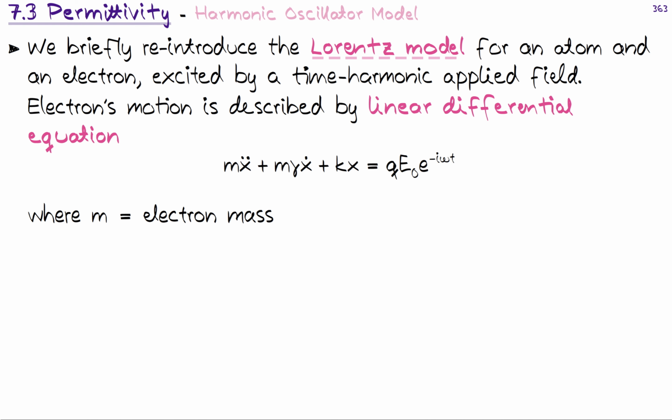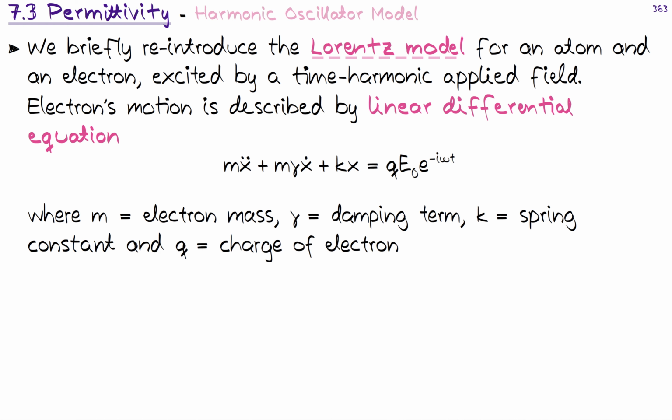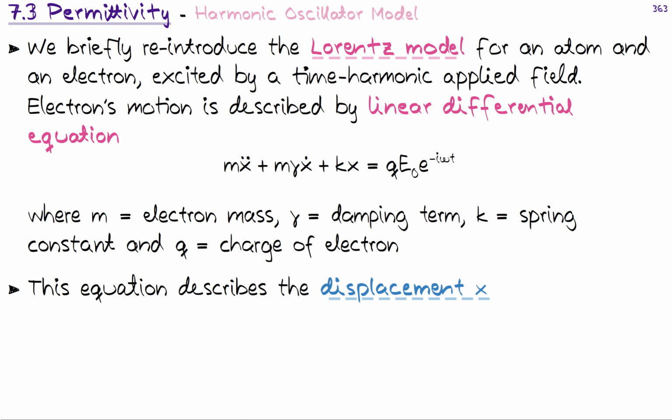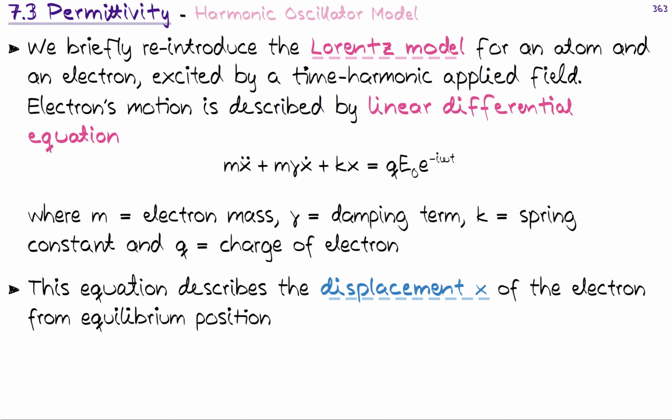So it is a simple linear differential equation, and we know how to solve this, as we have done before. m is the electron mass, gamma is the damping term, k is the spring constant arising from the Coulomb force, and q is the charge of our electron. And x gives us the displacement of the electron from the equilibrium position. When the driving field, the E field, is 0, the electron will be in its equilibrium position, and x equals 0 is that equilibrium position.